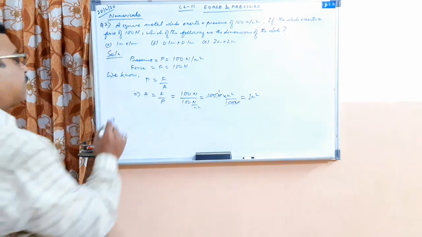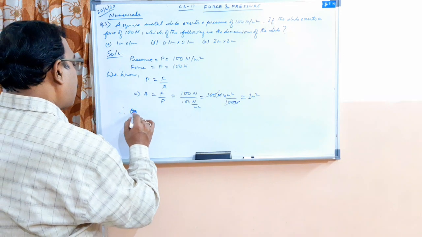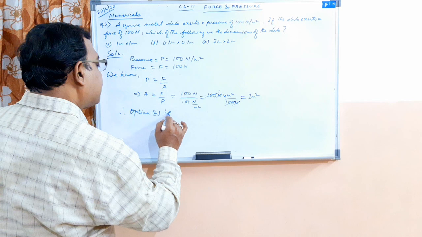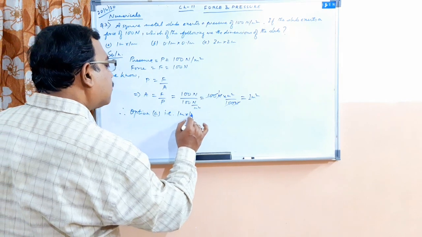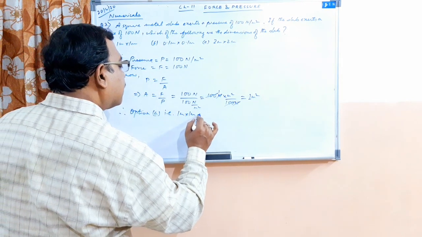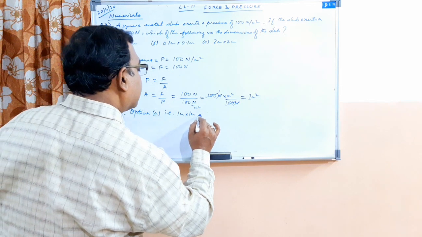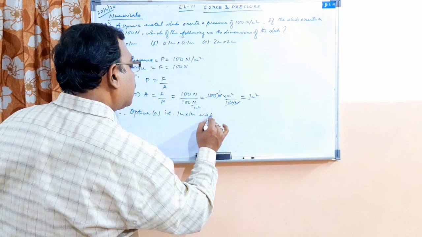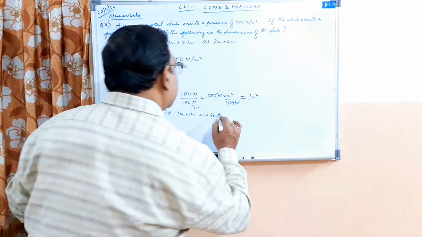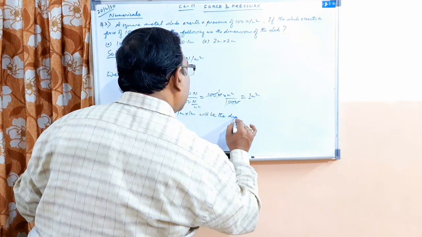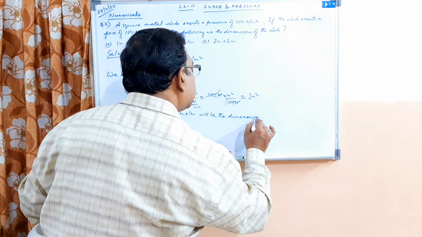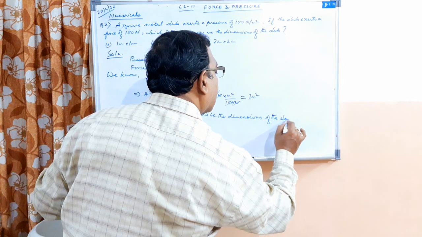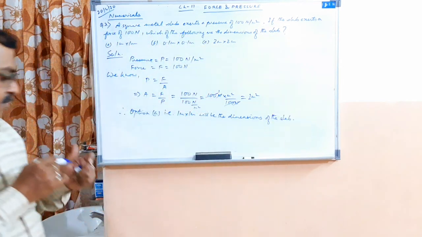So now you can see, therefore, option A, that is 1 meter into 1 meter, will be the dimensions of the slab.